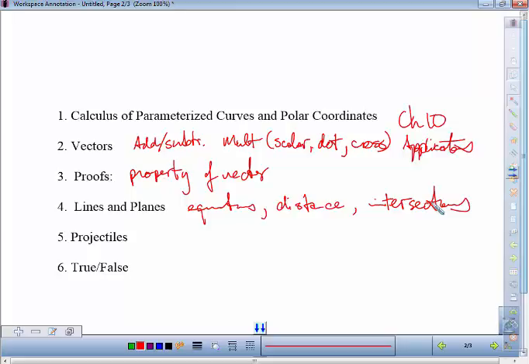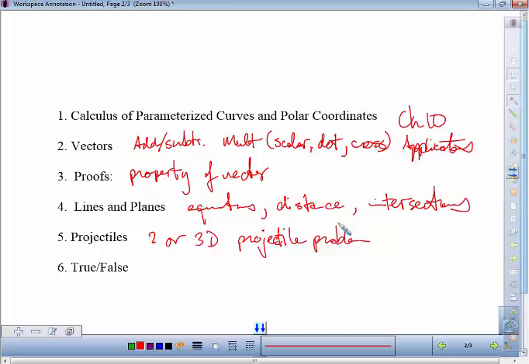Next is a projectile problem. So something that's either 2-dimensional or 3-dimensional. It'll come in layers.